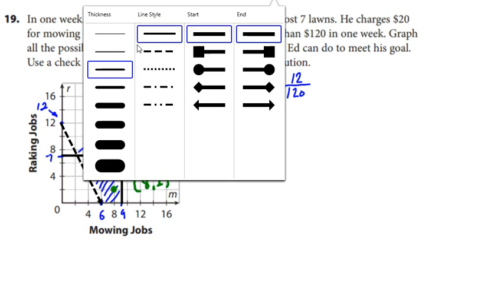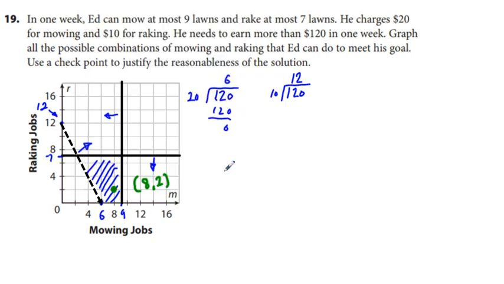So I go back here. So earnings is going to be equal to 8 times our mowing jobs. Our mowing jobs, he's earning 20 for each one, plus 2 of our raking jobs.